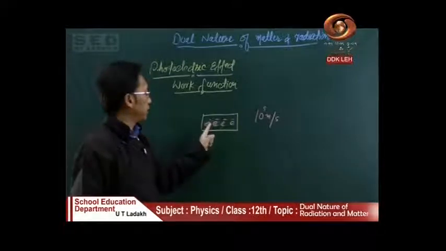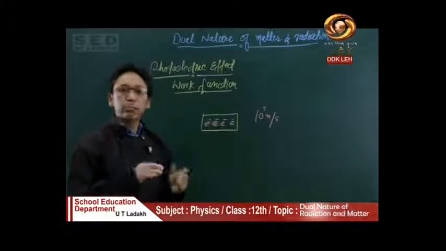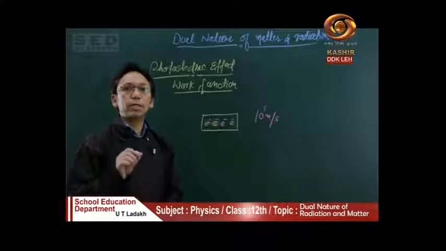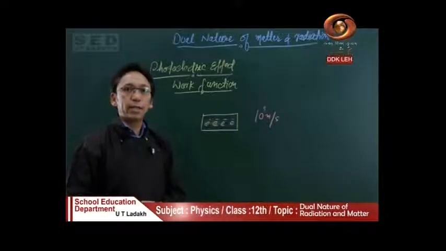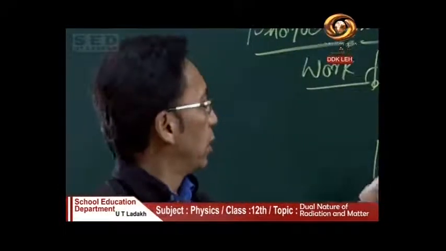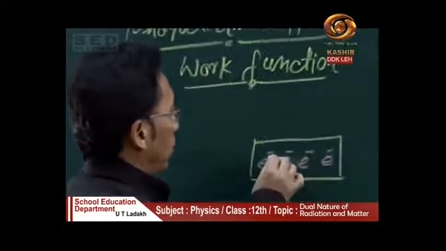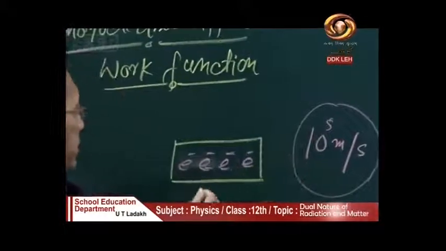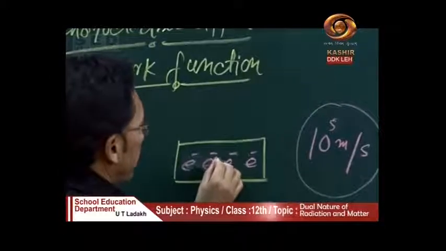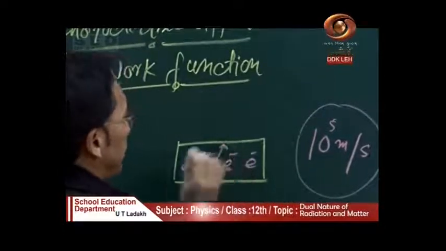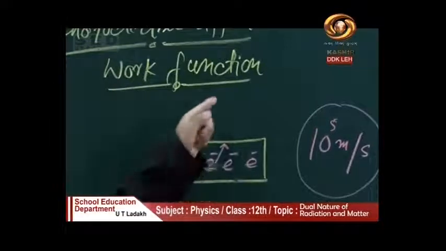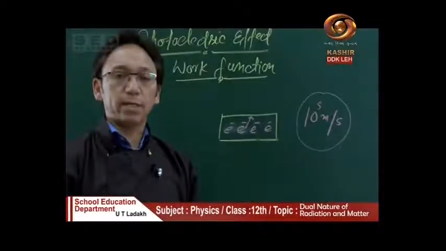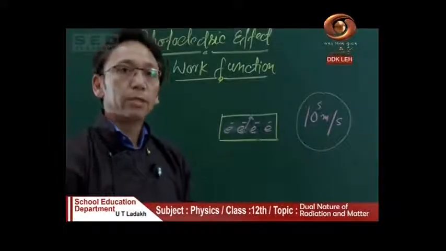They move in different directions and collide with the positive ions, which we have already studied in the current electricity chapter. Now, even with this velocity, an electron may come up to the surface, but it cannot come out of the metal surface. Why?